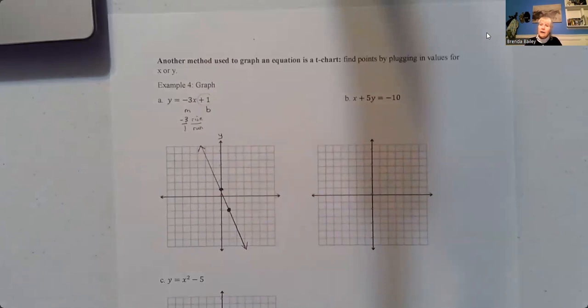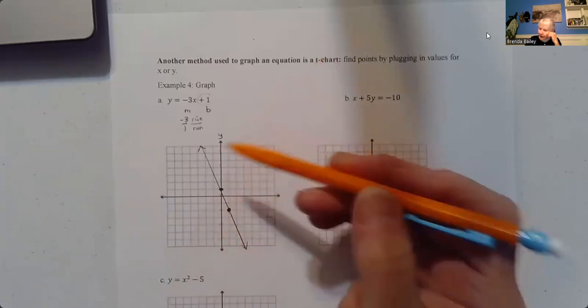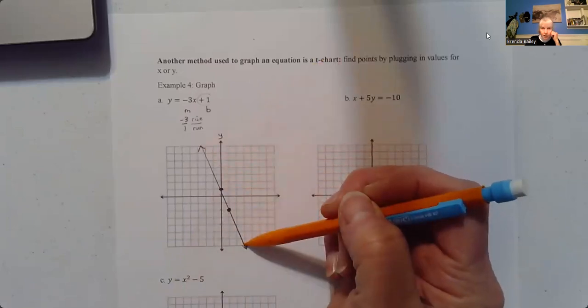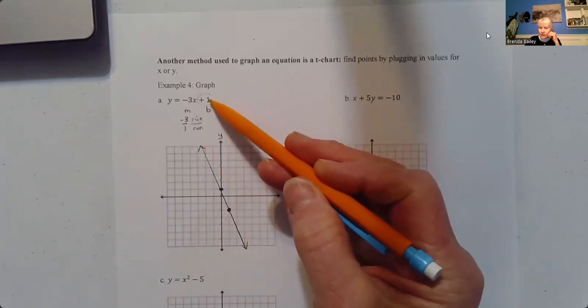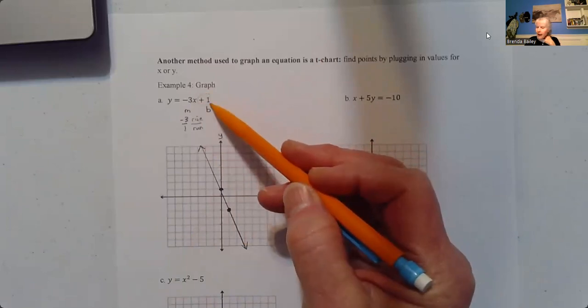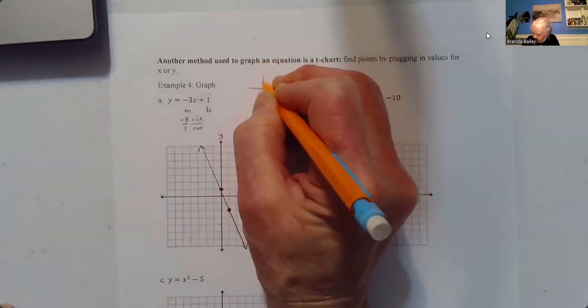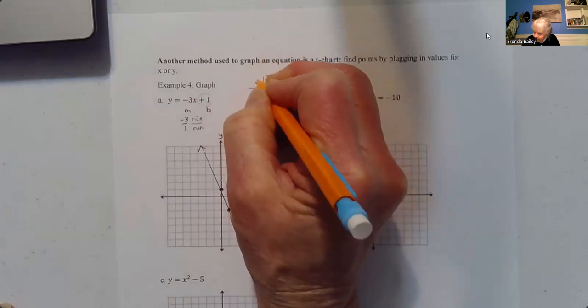All right, now another method for graphing is going to be to use a t-chart. A t-chart is mentioned up here. How could I get this same graph with a t-chart rather than using the slope-intercept method? Some of you may have used this before.